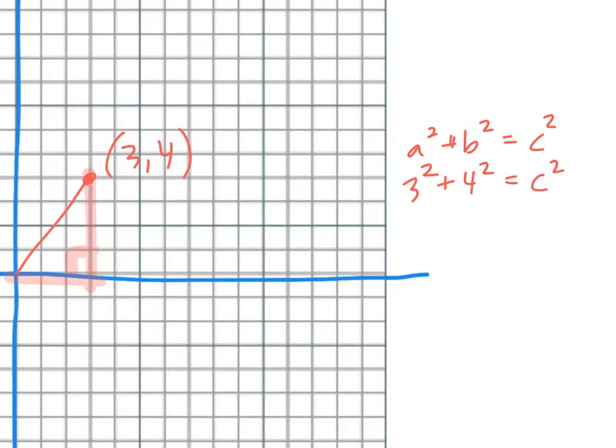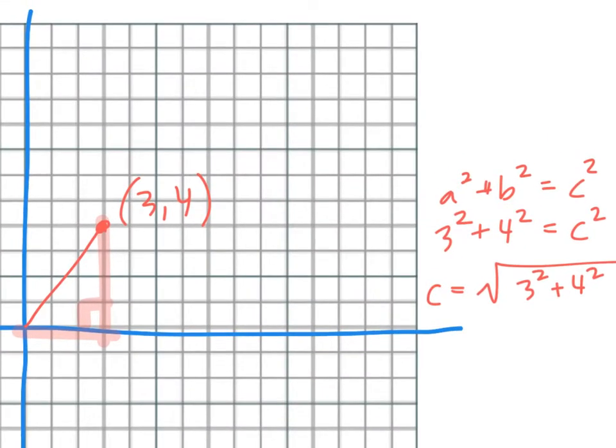And then if we want to find the distance, we basically just square root. So c is equal to the square root of 3 squared plus 4 squared. Okay, now let's take a look at it. How did you know this length is 3? You counted? Okay, what if you couldn't count? Like, I just told you it was 3, 4.